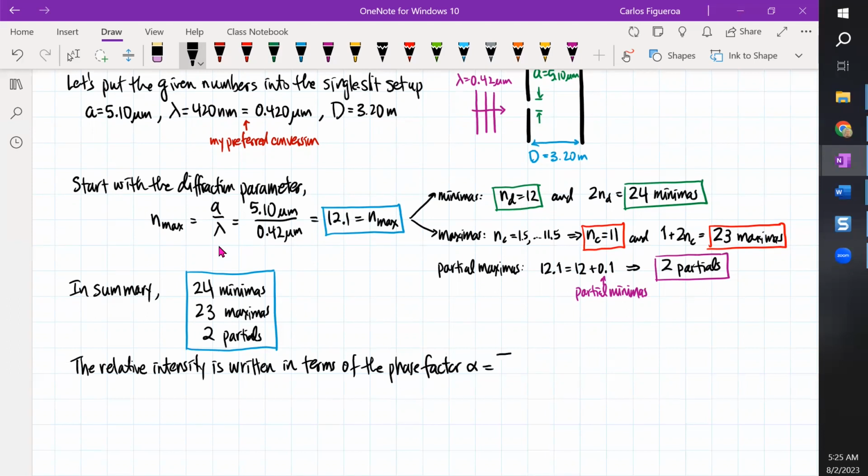And this is written as pi a over lambda times sine of theta. As I just stated, it is easiest to identify locations on the pattern using alpha.